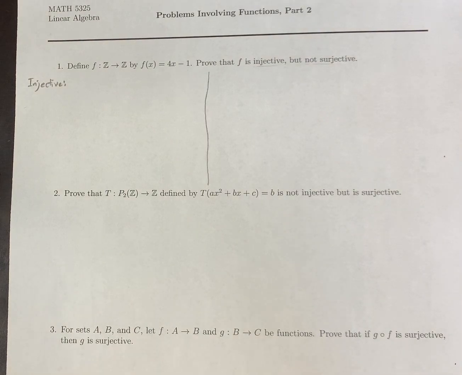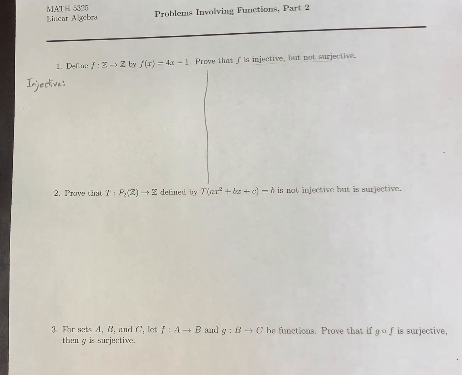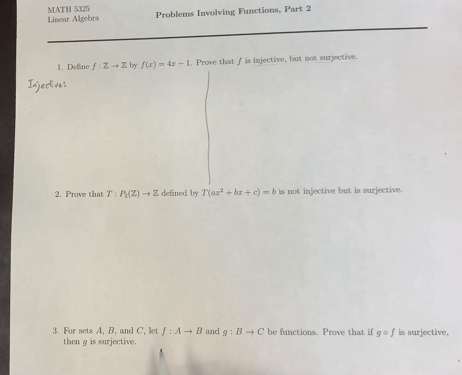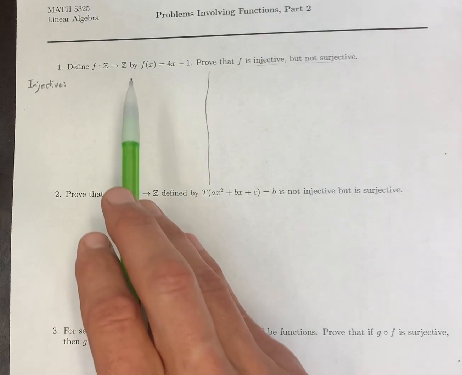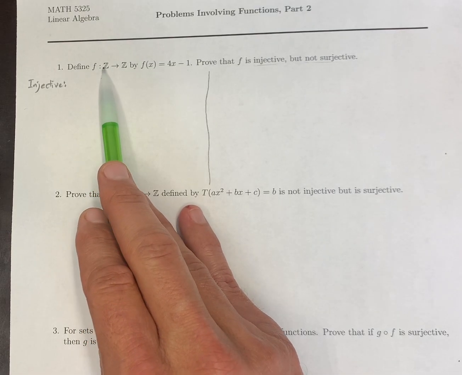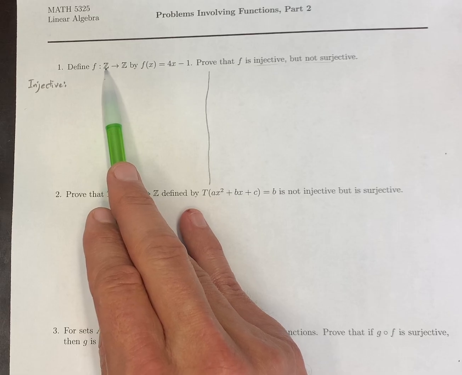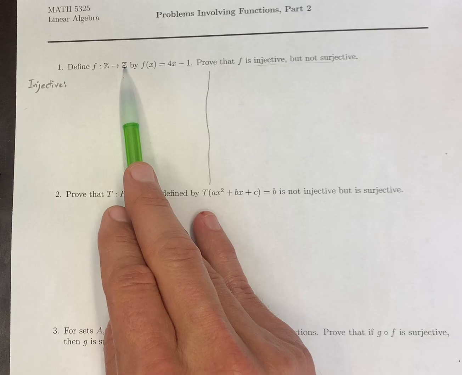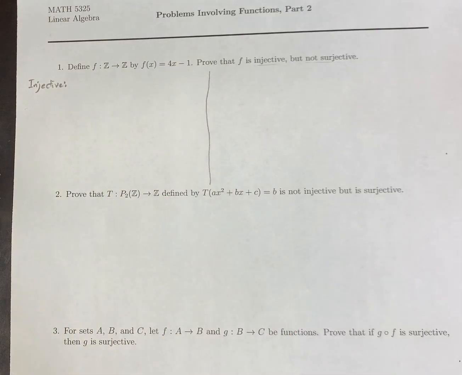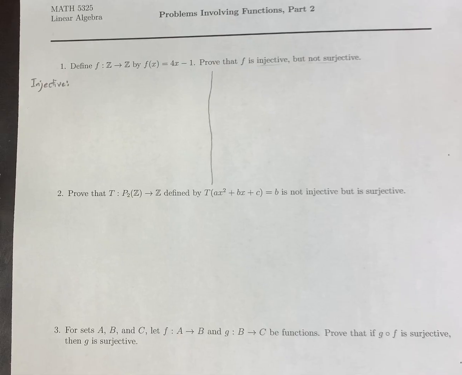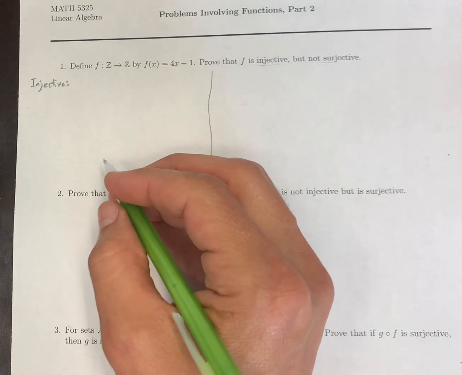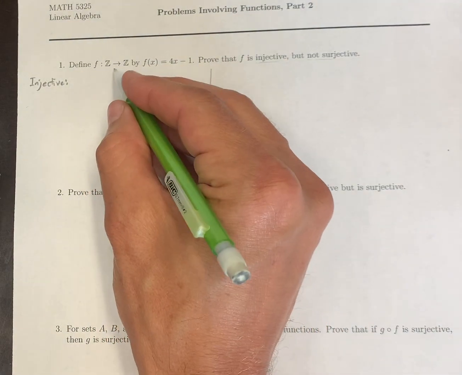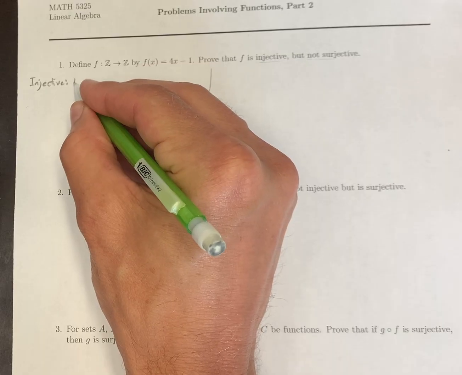What does it mean to be injective? Well, remember, one definition of injective is that you take two things in the domain and you suppose, give yourself that they hit the same thing in the range, and then you say, well, were they the same thing to begin with? So a typical injective proof would pick two things in the domain.